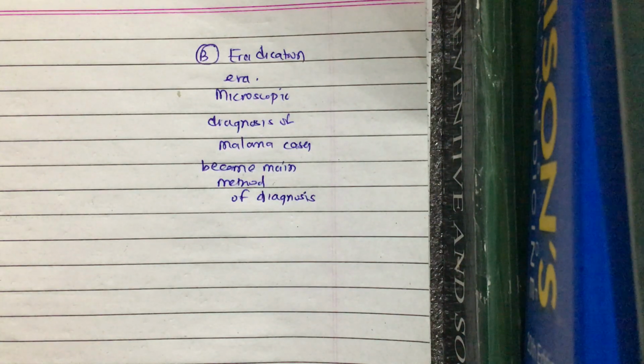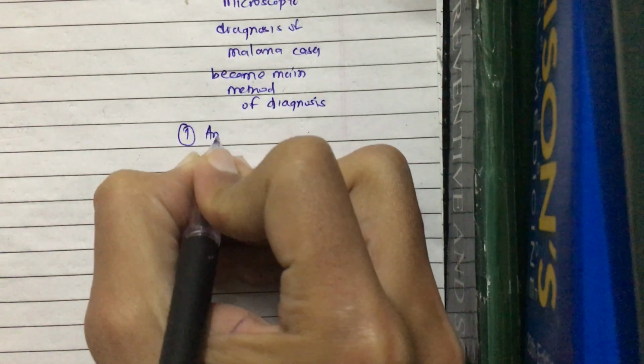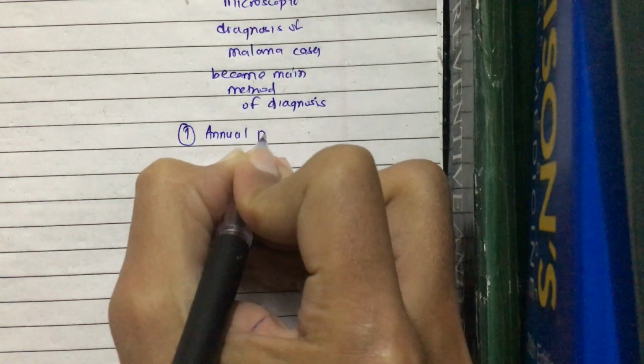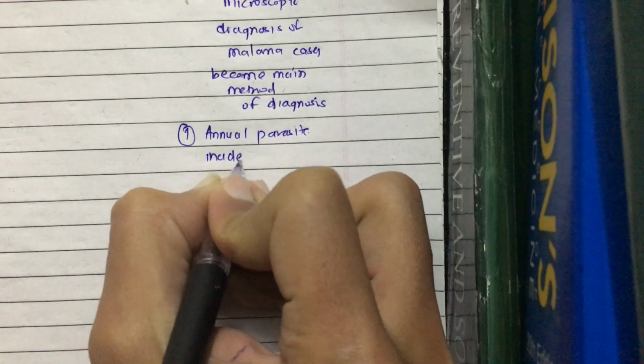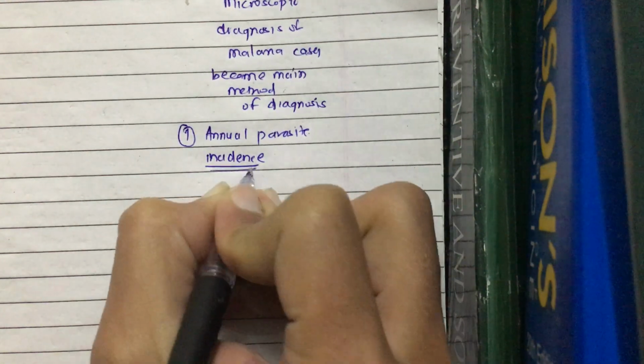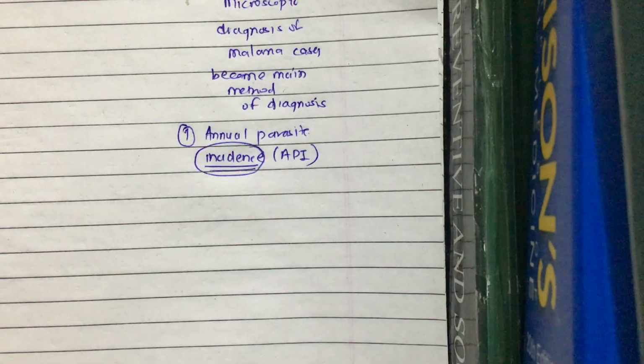So what are the indices used in the eradication era? First and the most important is annual parasite incidence. Note, it is not index, it is incidence, API.